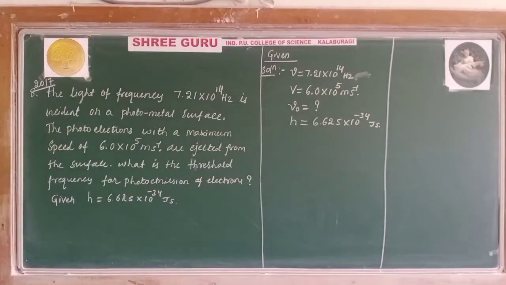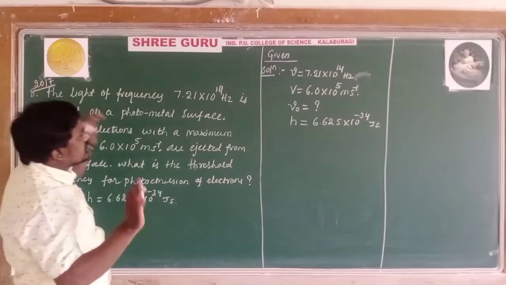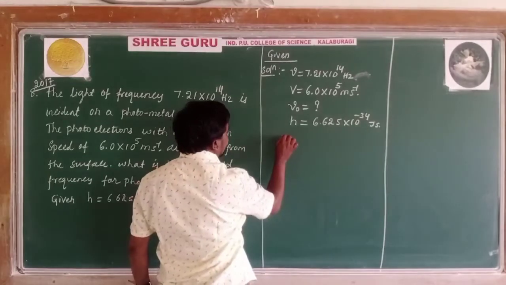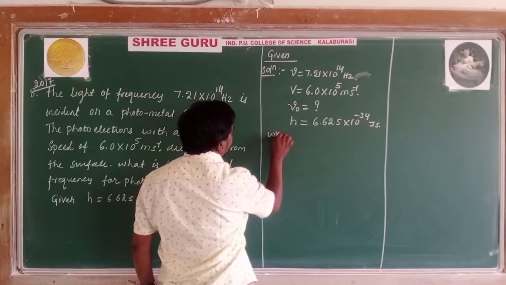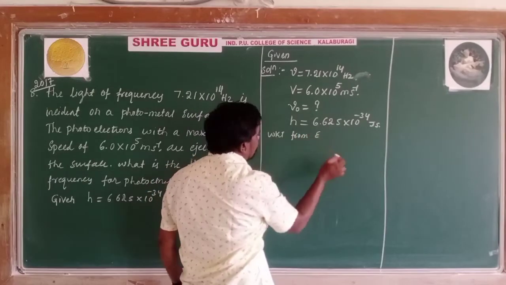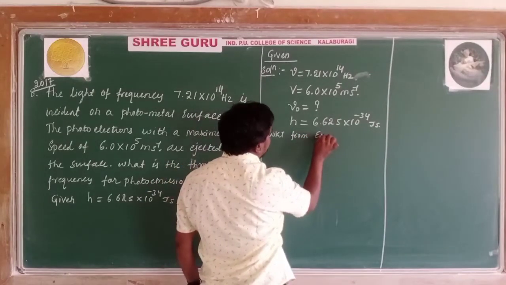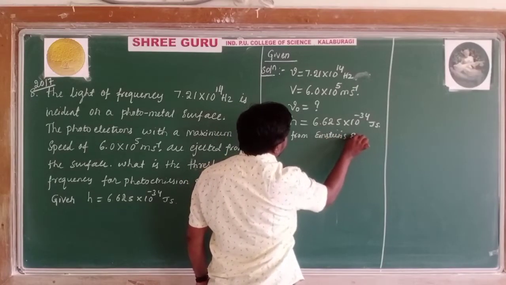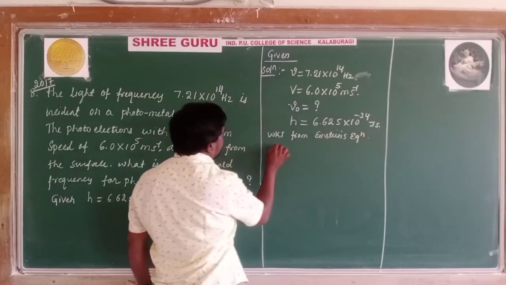Now, which formula should we use? Before going to solve the numericals, we should know how to solve them. Basically we know the Einstein expression, the Einstein photoelectric equation. What is that?